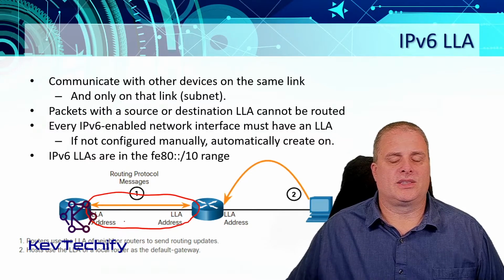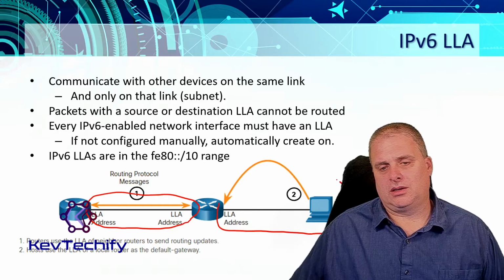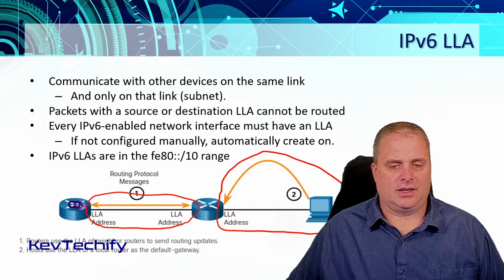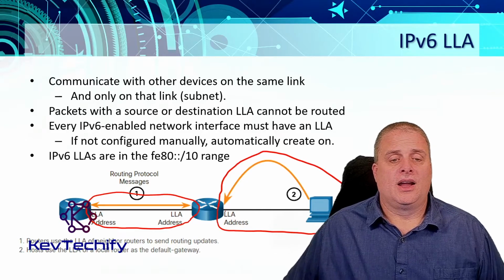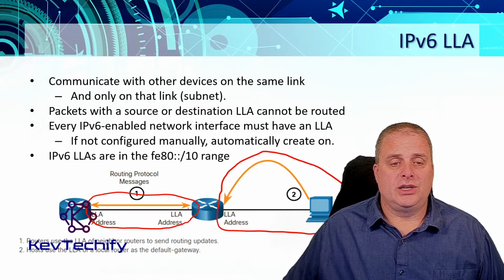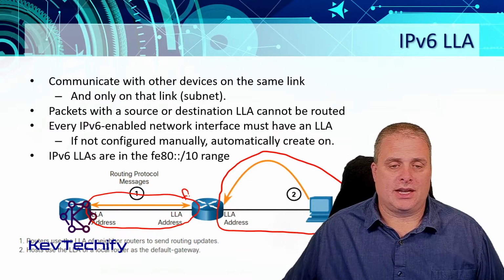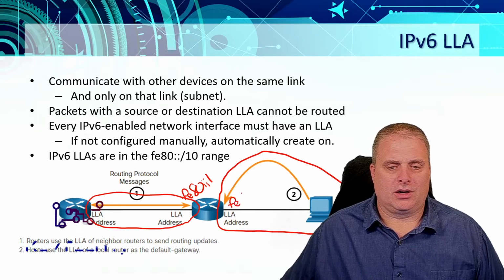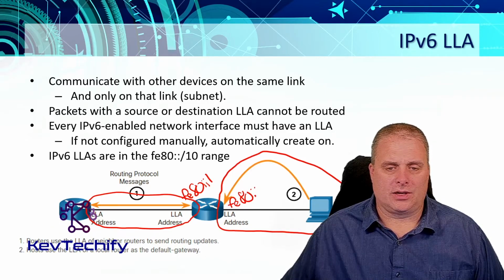It's only on this network. This is a separate network over here to the right of the right router, and the interface that connects to that network is on there. In theory, this could have the same address. So here's an example, FE80::1 is an example of one of these link local addresses.